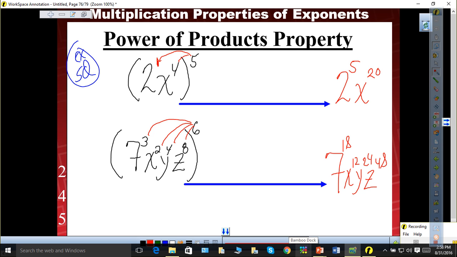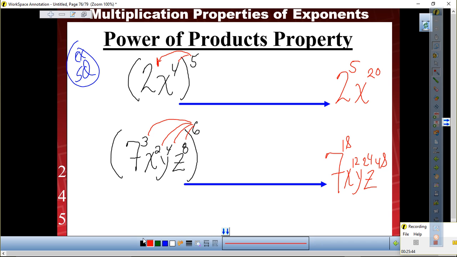Tell your neighbor the rule, please. Okay, start us off with our rule, please.